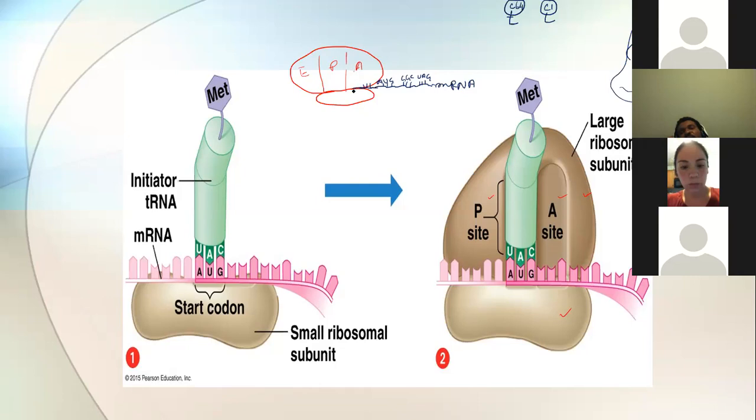Once it sits over here, the ribosome will try to read. The ribosome will start protein synthesis from the start codon, and our start codon is AUG. So it will not read this first codon. The ribosome will allow the messenger RNA to move.